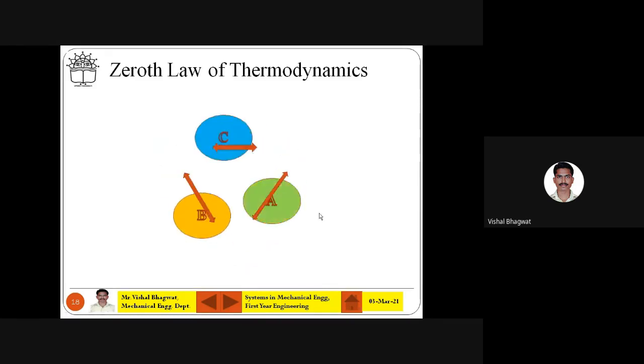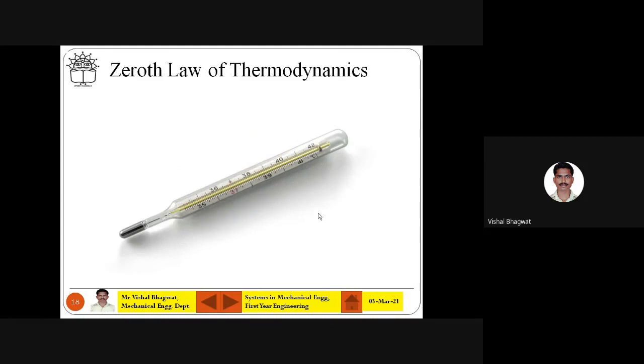Fine. So the best example is the thermometer. This is the thermometer. When this part of the thermometer is in a hot body or hot water, the hot water may be having some temperature, and that will be transferred to this.